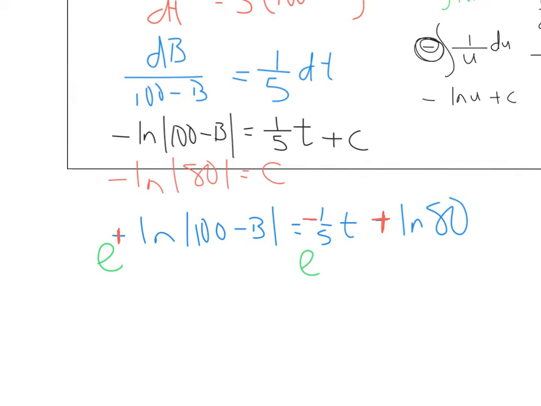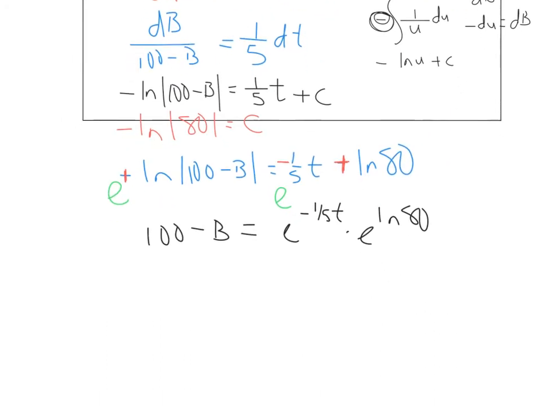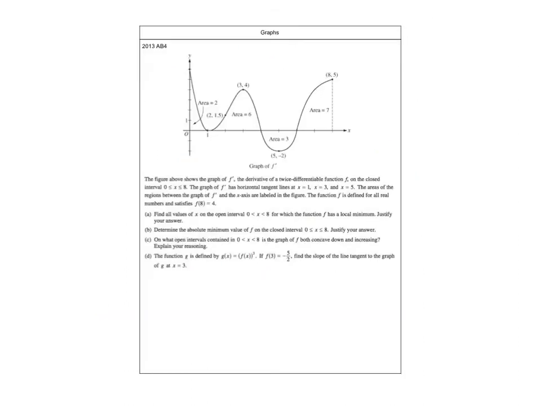So then you have e to the natural log of 100 minus b, and then you have e to the negative 1/5 t times e to the natural log of 80. Now e and natural log are inverses, so that's 100 minus b. e to the natural log of 80 is just 80, times e to the negative 1/5 t. If we solve for b, let's add the b: b equals 100 minus 80 e to the negative 1/5 t. And we have met what this question asked us, and we are done.